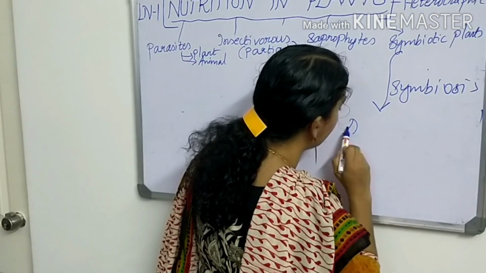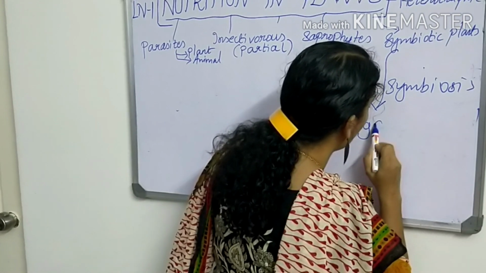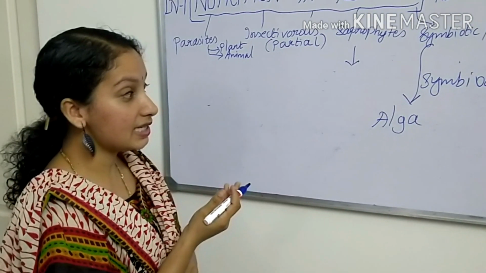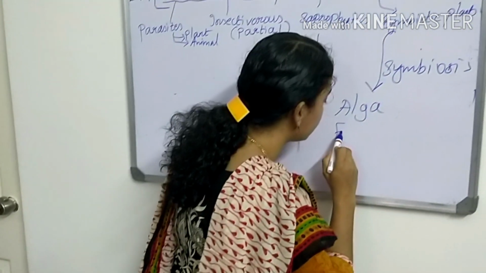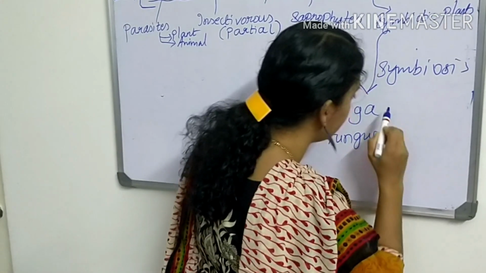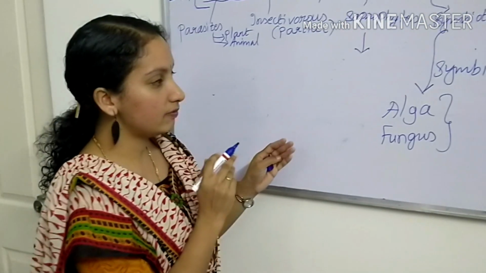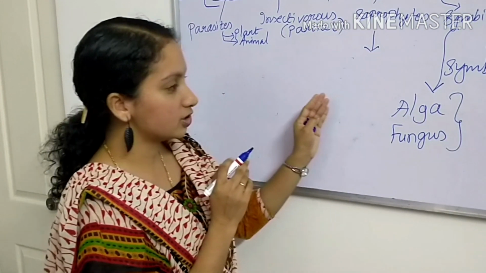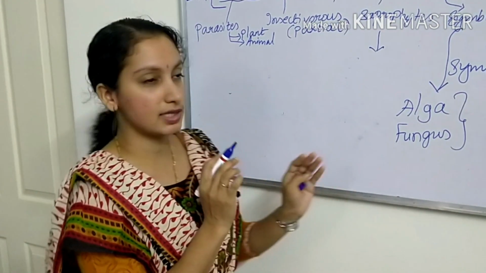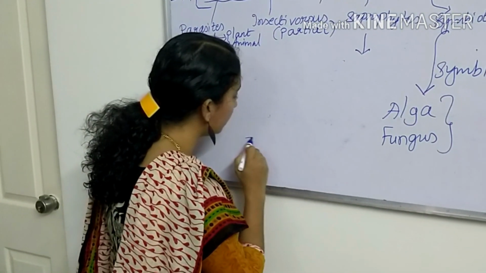There will be one alga. Alga is singular form and fungus is singular form. So there will be a relationship between alga and fungus. It will be growing like this.